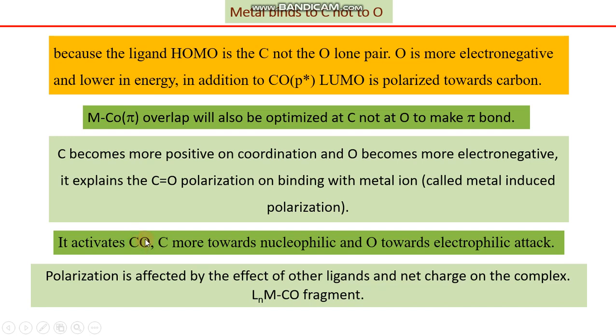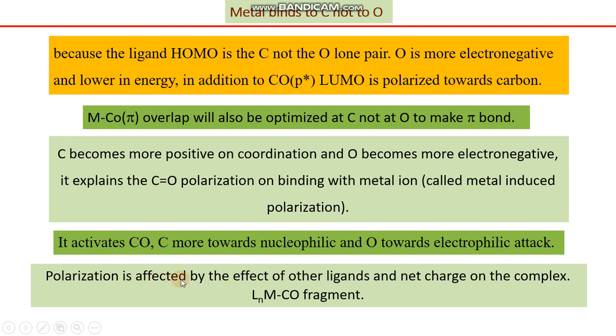So with this partial positive and partial negative charge, carbon is now exposed to nucleophilic attack and oxygen is exposed to electrophilic attack. The electrophile, or electron loving species, will be directed toward oxygen, and the one which is positive charge loving, the nucleophile, will be directed toward carbon, in the case of carbon monoxide or carbonyl complexes.